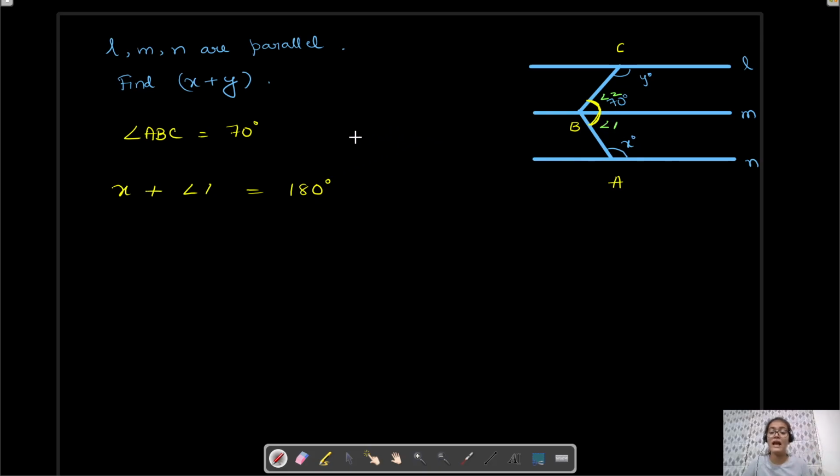And I can also say that y plus angle 2 is also going to be equal to 180 degrees.